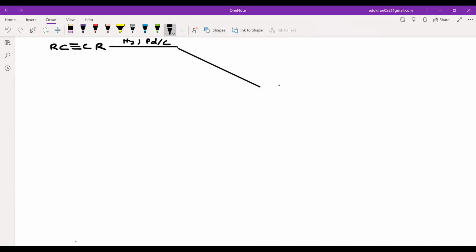And what is this going to give you? This is going to give you alkene. We write it like this, C double bond C. And I'm writing here cis alkene, okay? Cis alkene. Similarly, you can also have R, C triple bond C, R group.